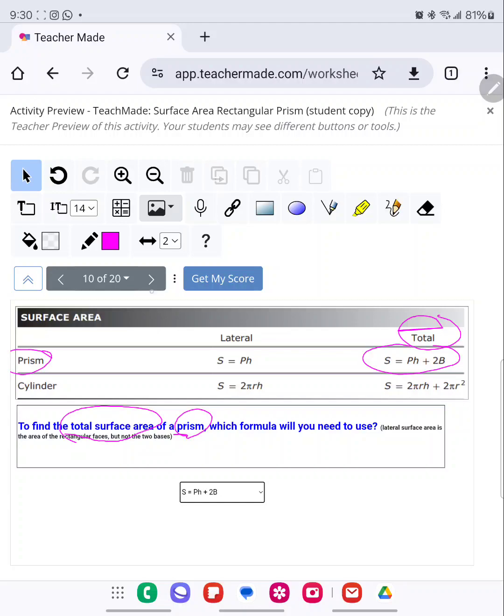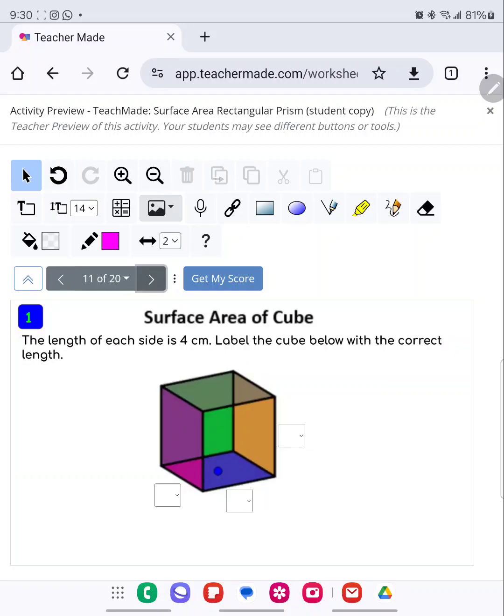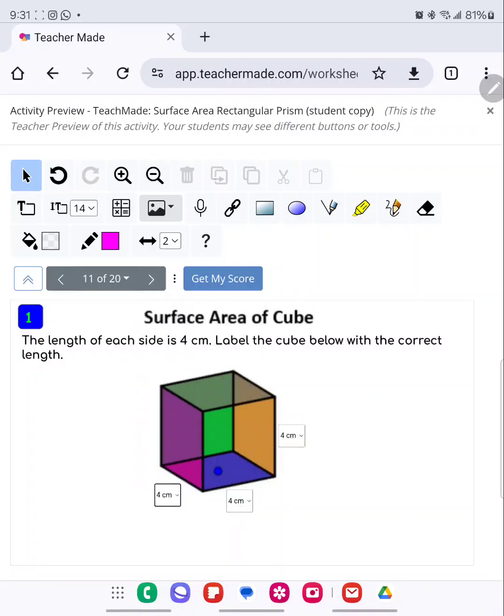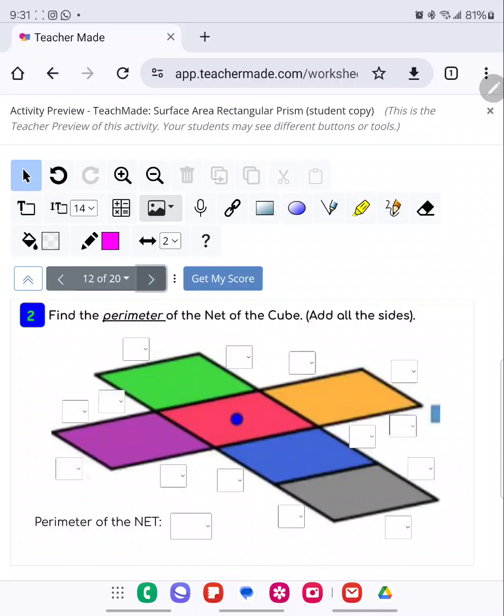Okay, so we're almost done, guys. We're halfway there. On number 11, it just says surface area of a cube. The length of each side is 4 centimeters. Label the cube below with the correct length. So that means that this is 4 centimeters. This is 4 centimeters. This is 4 centimeters. Ta-da! Let's go on to the next one. Find the perimeter of the net of the cube at all the sides.